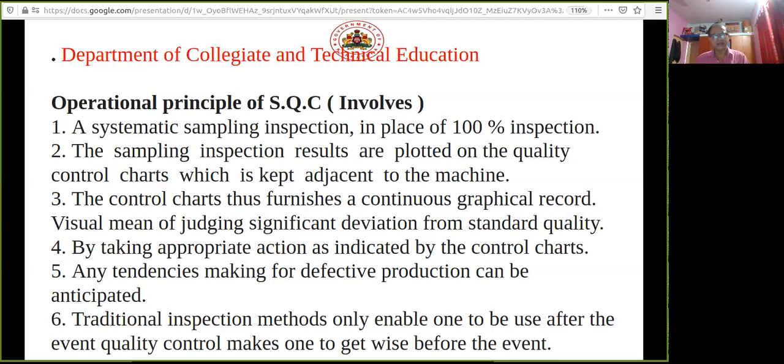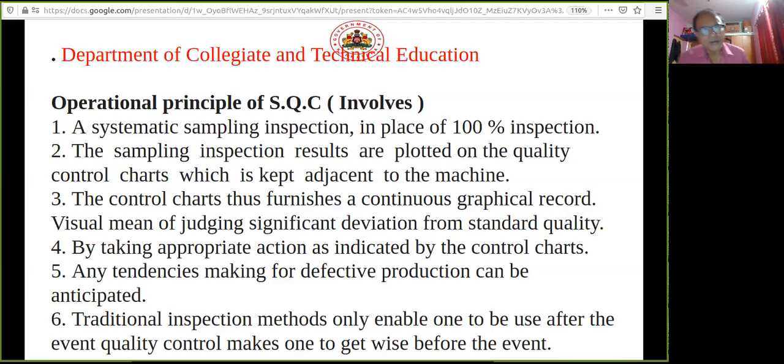Basically, SQC is employed in mass production, repetitive production, as well as batch-by-batch production. Because of these types of production, we use systematic sampling inspection in place of the 100% inspection or normal inspection.